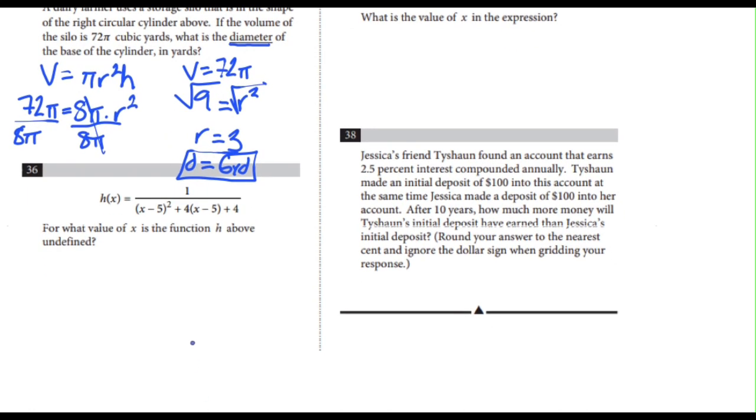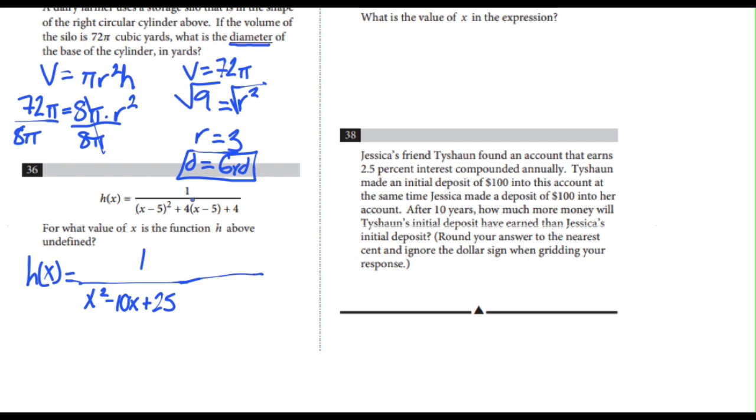Number 36. For what value of x is the function h above undefined? We have that a function is undefined when the denominator is 0. So first, we're going to factor out this denominator. x minus 5 squared, we're going to multiply x minus 5 by x minus 5. That's going to give us x squared minus 10x plus 25.